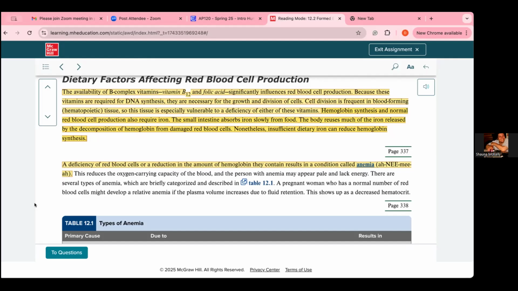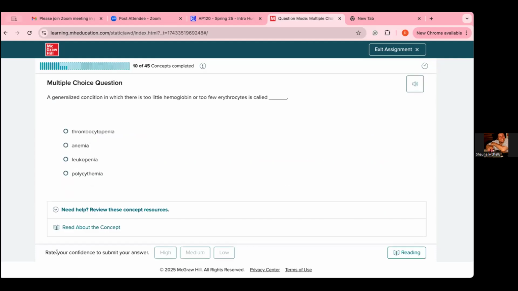A pregnant woman with a normal number of red blood cells might develop a relative anemia if the plasma volume increases due to fluid retention. This shows up as a decreased hematocrit. Okay, so that's anemia, that question that you just looked at.